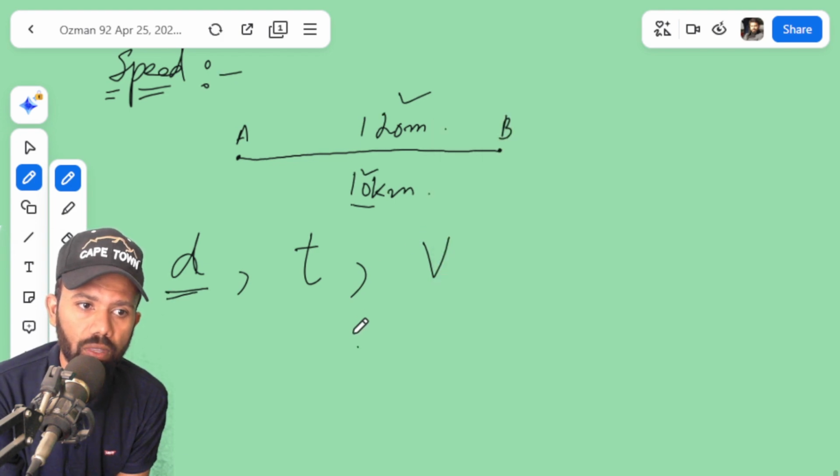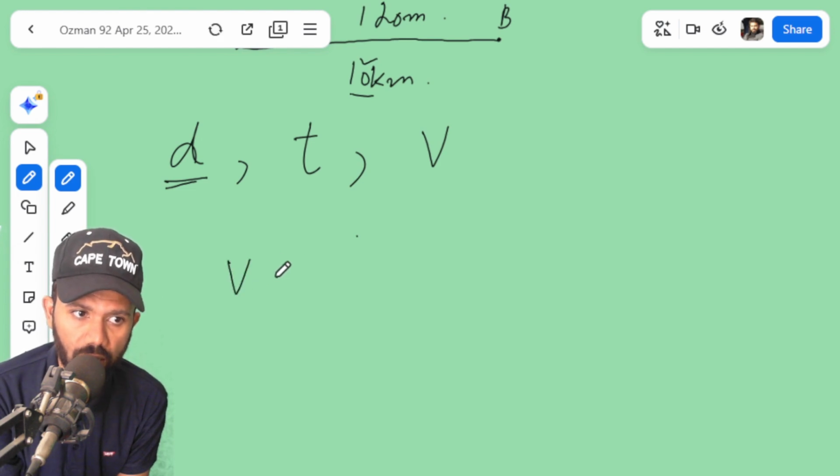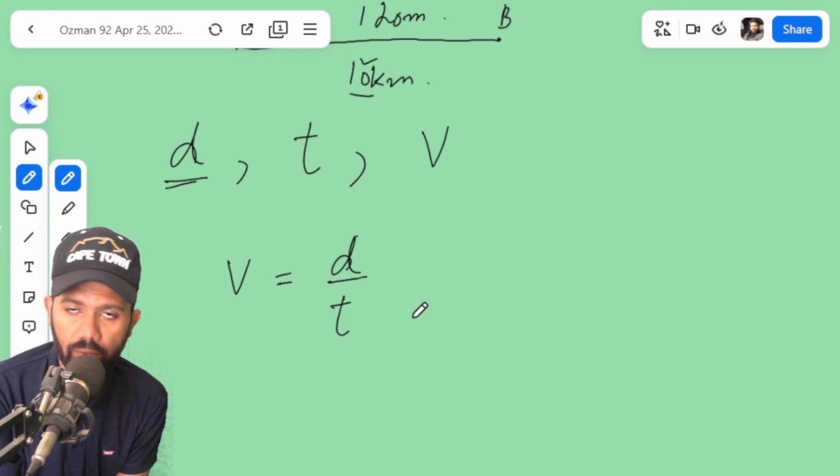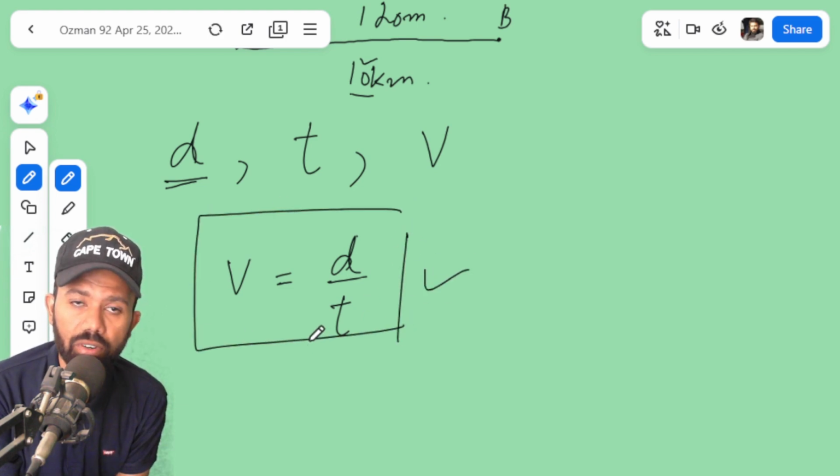So we can represent mathematically V is equal to D over t, right? What is D? D is for distance and t is for time. So this is called the average speed of that motorbike, right?